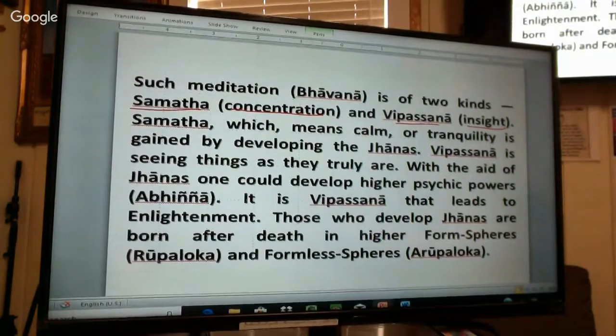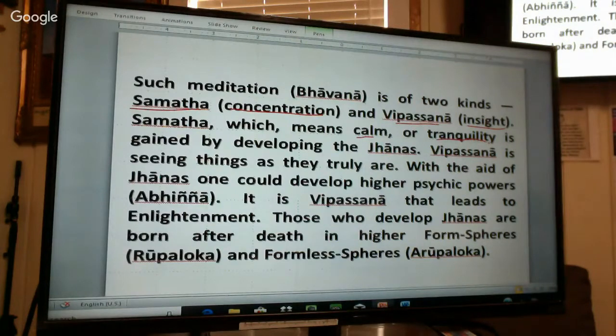Samatha is especially practice for concentration. The aim is different. Samatha means calm and tranquility. Your mind calms down and becomes very peaceful. The highest profit you will get from the practice of samatha is by developing jhana, first jhana, second jhana, up to the fifth jhana.